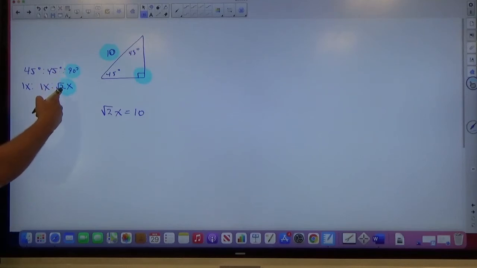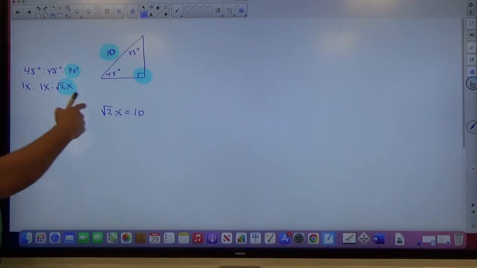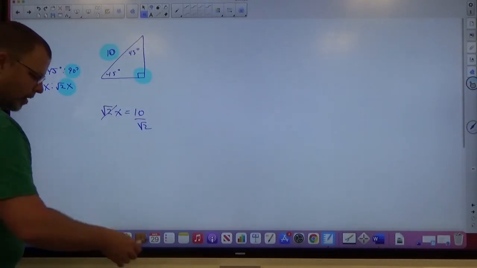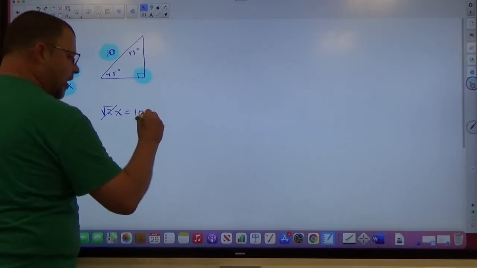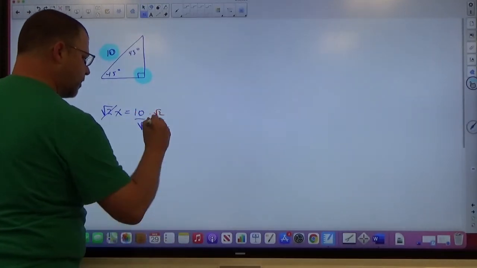The ratio idea equals the actual side measure. If you divide both sides by the square root of 2, that's what x equals. And just like other things, if I have a square root of 2 on the bottom, I'm going to multiply top and bottom by the square root of 2 to fix it.